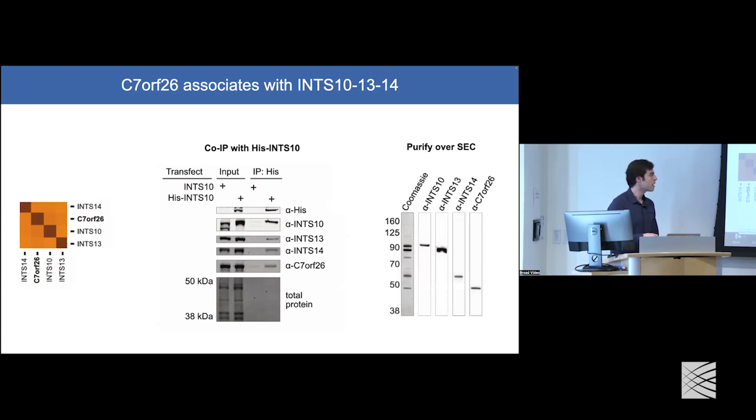And also we actually purified integrator 10, 13, 14, and also C7orf26 over a size exclusion column. We've renamed C7orf26 as INTS15. And one kind of cool thing about this is that people have had difficulty purifying this part of the integrator complex before, and that's probably because they were trying to purify it without this component, INTS15/C7orf26.